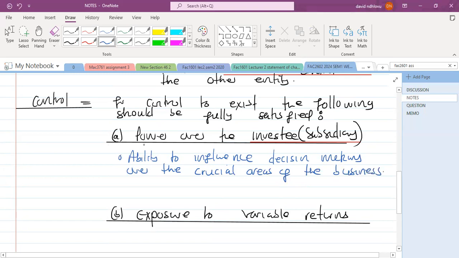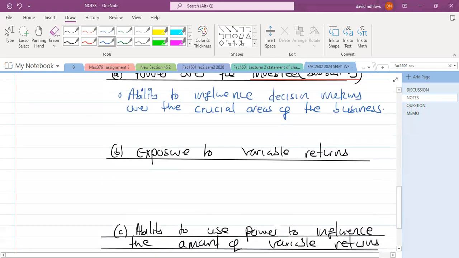If you are the one that makes the crucial decisions in an entity, for example, you determine property, plant, and equipment acquisitions, you determine which products should be manufactured and sold by the entity, and you appoint senior management, then you have the power over the investee.